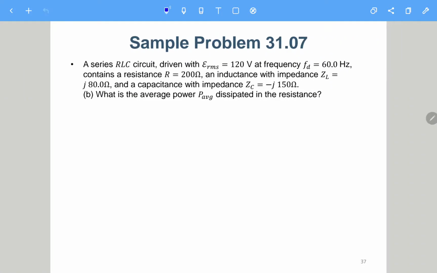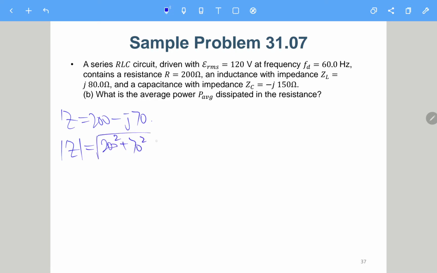Okay, and for part B, what is the average power P average dissipated in the resistance? Here, just now we have Z to be 200 minus j70, and we take the absolute value of Z, which is the square root of 200 squared plus 70 squared, which is 211.9 ohms.